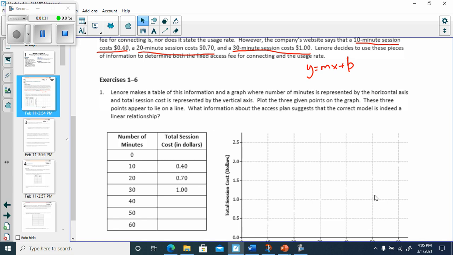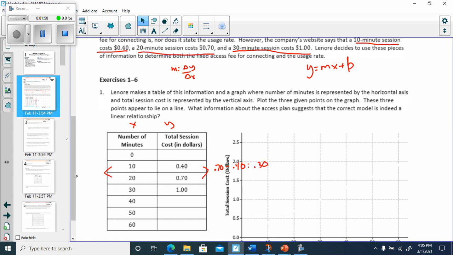First off, is this relationship linear? Well, if the slope is the same between all points, it would be linear. So let's check it. We know that our slope is rise over run, or change in y over change in x. Here's your x, here's your y. On our y, we've got 0.70 minus 0.40, which gives us 0.30.